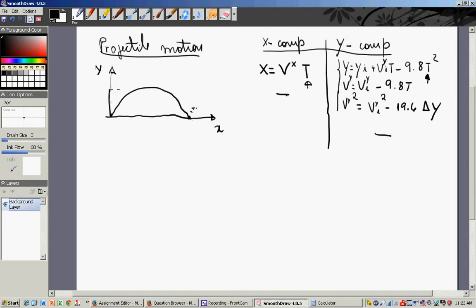The time it takes the ball to go along this path and hit the floor again is the same time it would take some observer to follow the ball in the y direction, go up, stopping at maximum height and fall back, as we just studied in free fall motion.